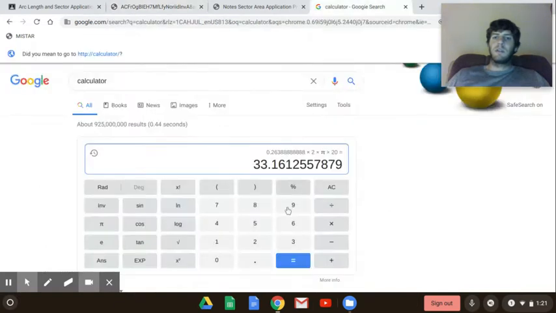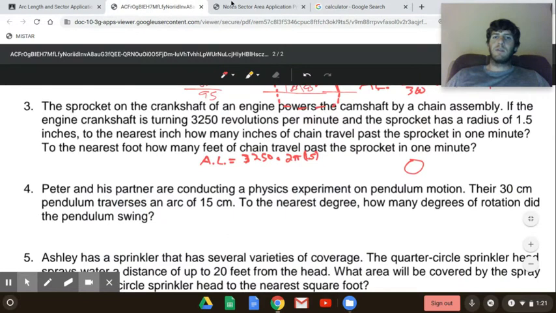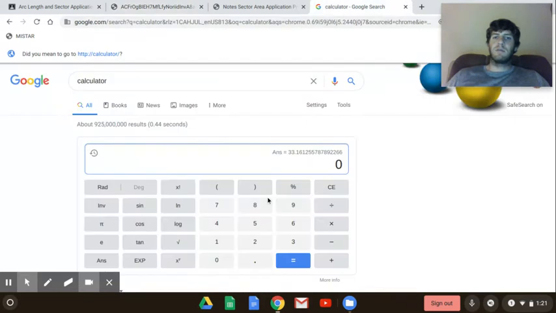So we're going around 3,250 times, 360 times 3,250. That's really your arc measure here: 1,170,000 degrees.